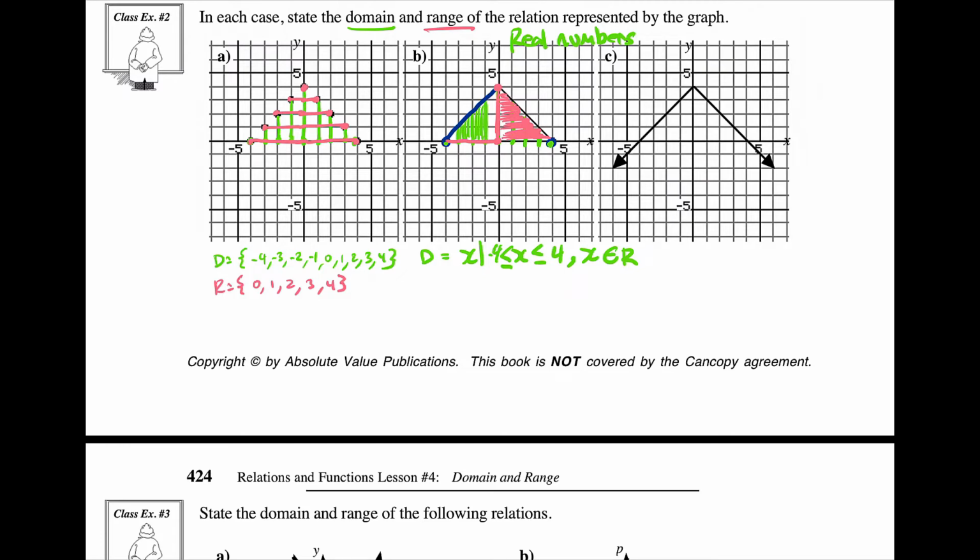So I'm going to set this up the same, where I'm going to say the range is all values of y such that y is greater than or equal to 0, and it's less than or equal to 4. And y is a subset of all real numbers. So you just got to get used to laying it out in that fashion.